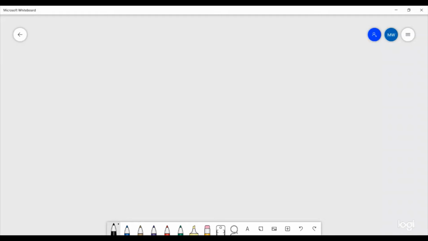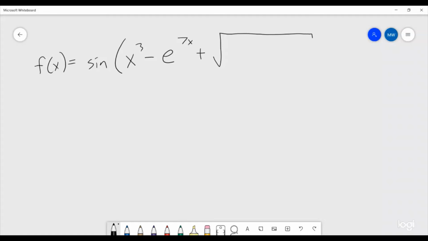So for example, they might ask you if f of x is equal to sine of x cubed minus e to the 7x plus the square root of tangent of 3x to the 4th plus 2.